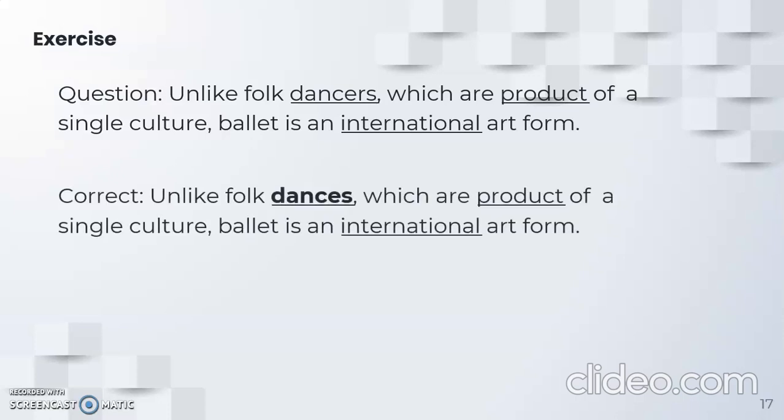The correct word is dances. Why do we say the correct one is dances? It is related to the word ballet. Here we talk about the noun phrase, not the noun person.